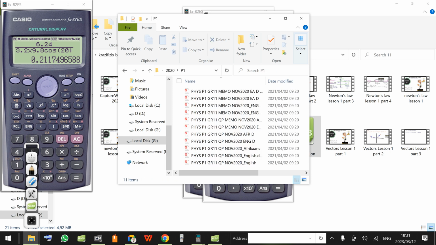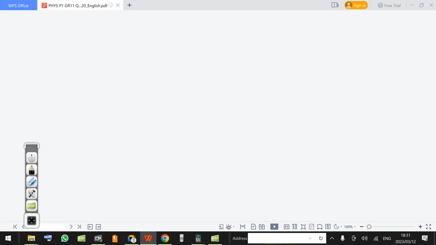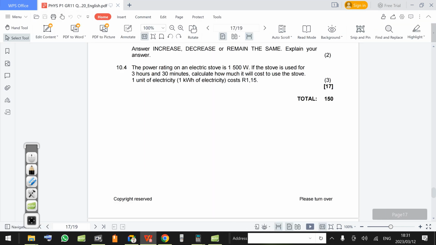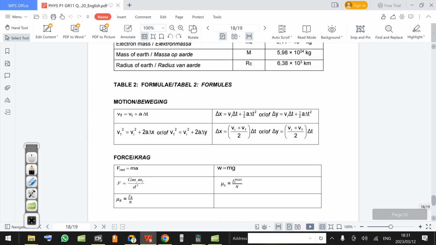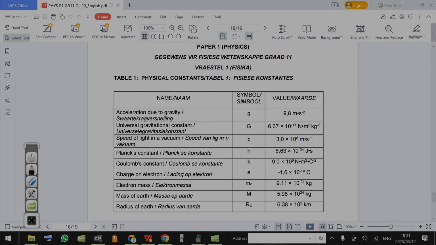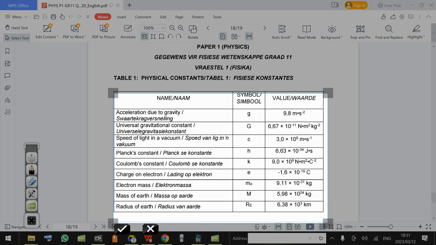Okay, let's pick something recent, so that you would see what we are referring to. There we go. So you would see the radius of the Earth there, 6,38. And then your G.